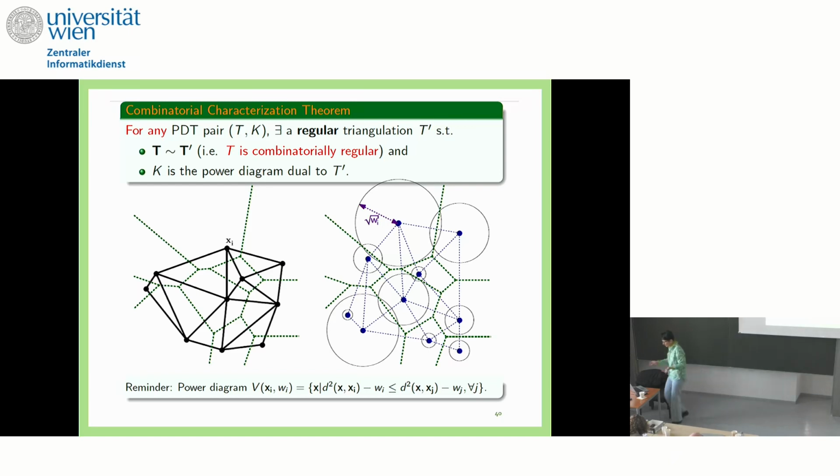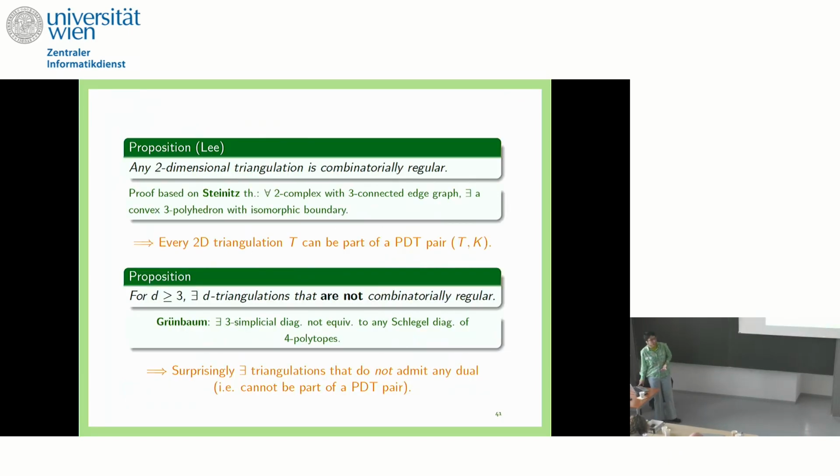And this gives us a way to parameterize the space of triangulations and do an interesting thing in computer graphics. Before I go to the parameterization, I will just mention two other properties. In 2D, any two-dimensional triangulation can be perturbed so that we end up with a regular triangulation, just combinatorially regular.